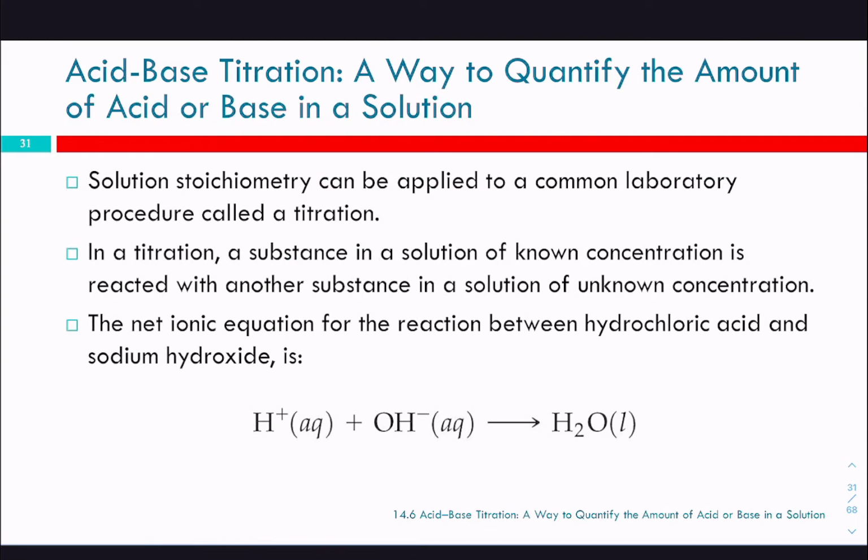All right, this is going to be on the exam, and this is one of the very key pieces of this acid-base chapter. And here we're talking about stoichiometry again.